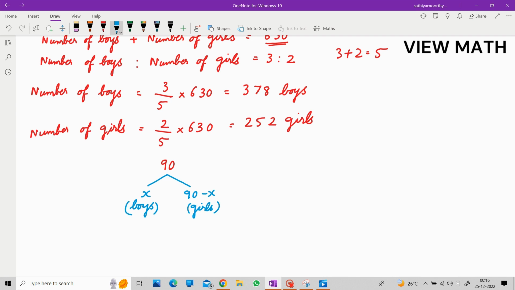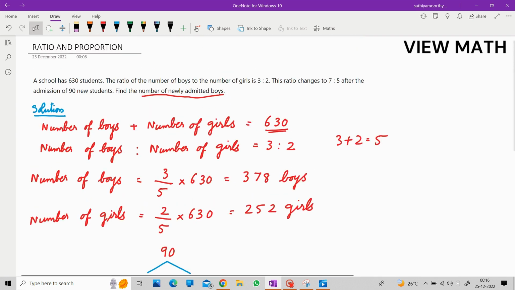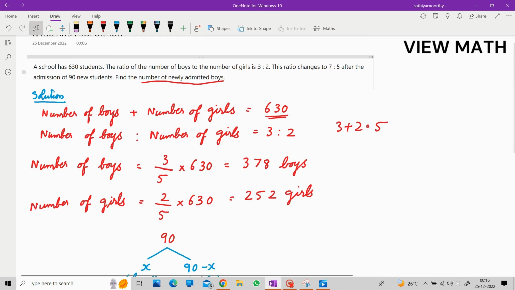The ratio changes after the 90 students have joined. The ratio of the number of boys to the number of girls is 7:5.